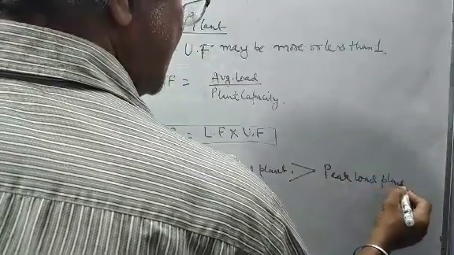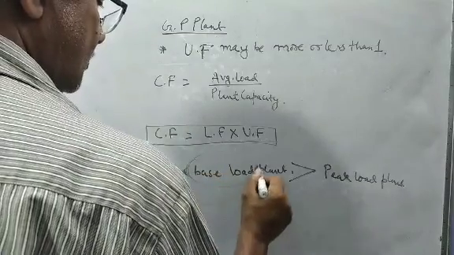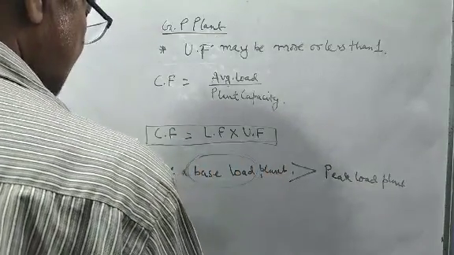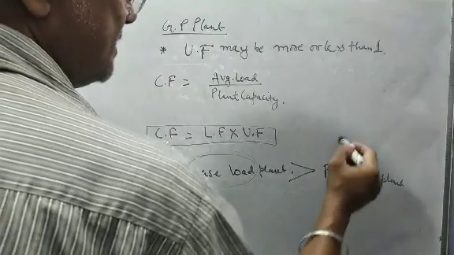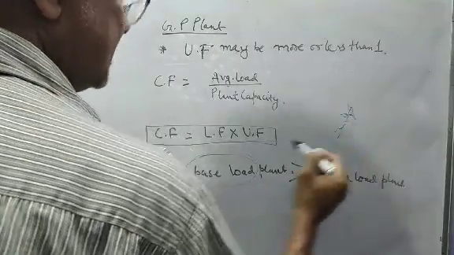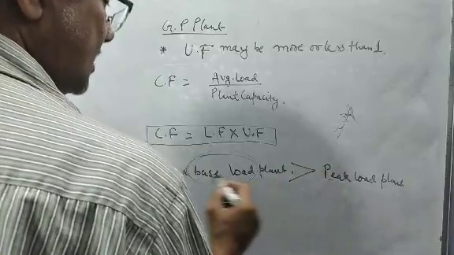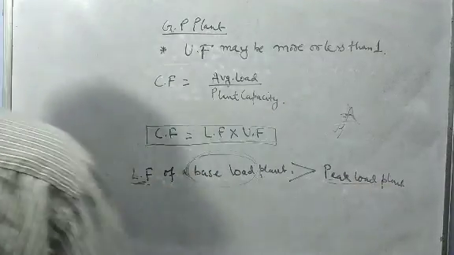Obviously the main part will always be the base load, so the load factor will always be greater than that of the peak load. Peak load is for a certain part only, the maximum part is the base load, so the base load plant factor is always greater than the peak load plant.